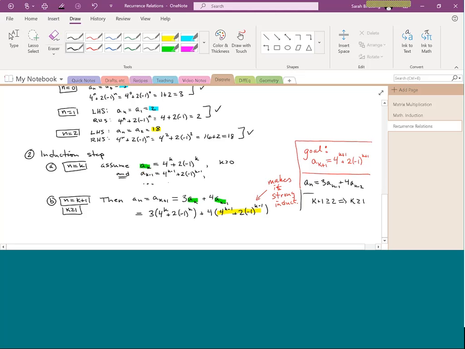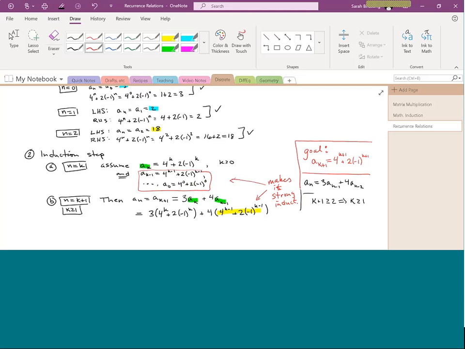I'll go ahead and write out the basis step. Your basis step here is a0 equals 4 to the 0 plus 2 times negative 1 to the 0. That is literally the only difference here between the strong and the weak induction, or if you prefer, type 1 versus type 2 induction. It's literally just those bits I just circled. And that's it. Everything else is going to be the same as before.